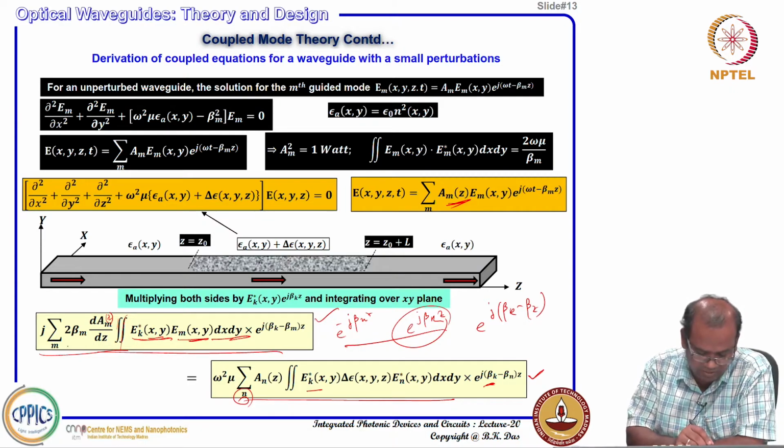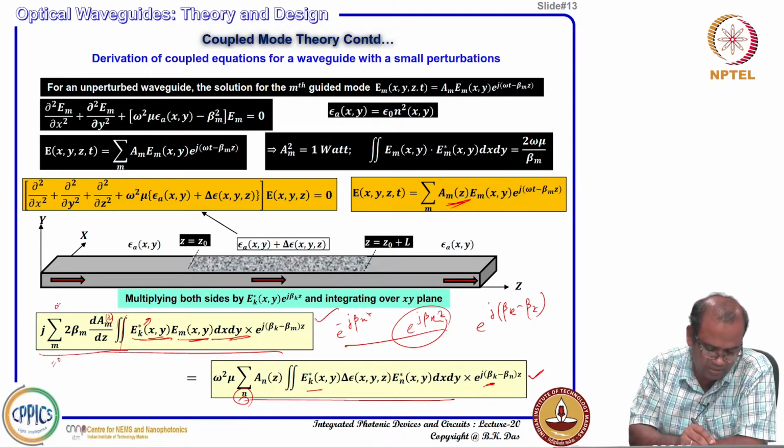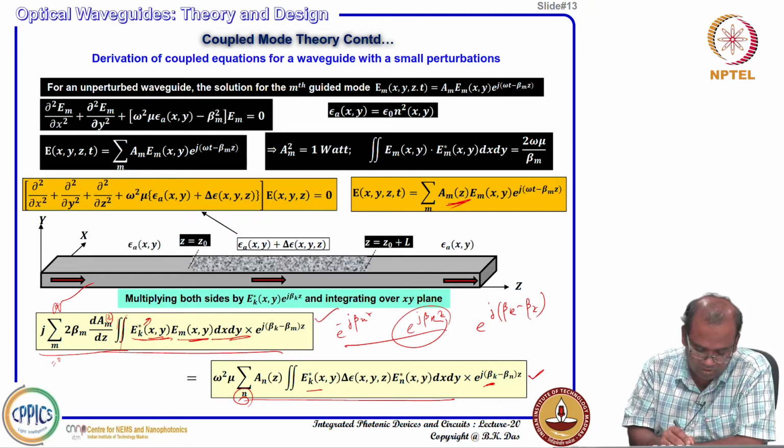On the left hand side you have the kth mode, that is fixed, one particular mode, and you are trying to see all the modes, this m running from 0 to some n, whatever number of modes. So I am just taking this field, multiplying and integrating for every mode, and summing, along with the corresponding terms.